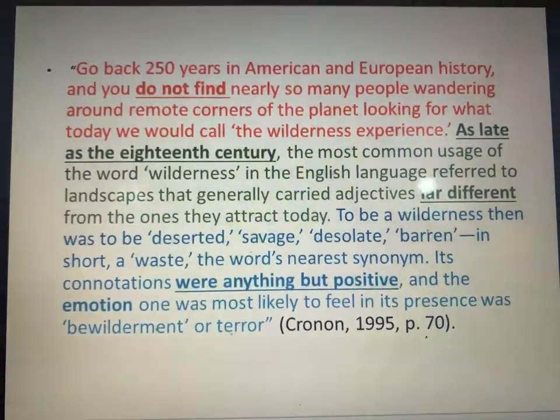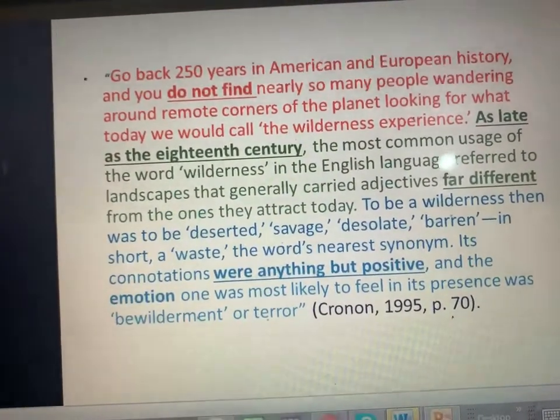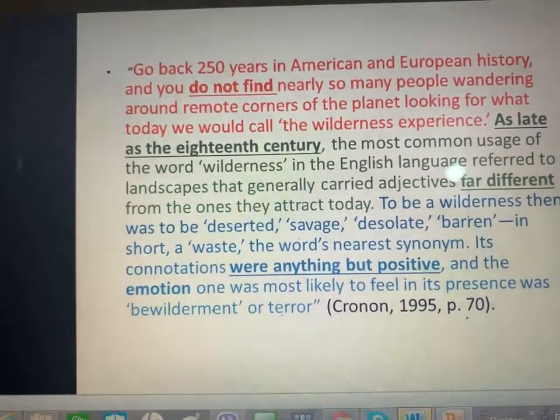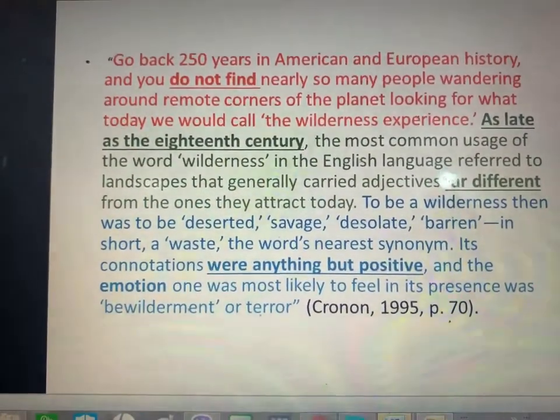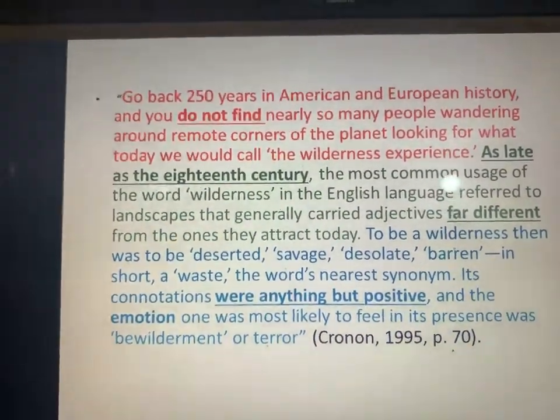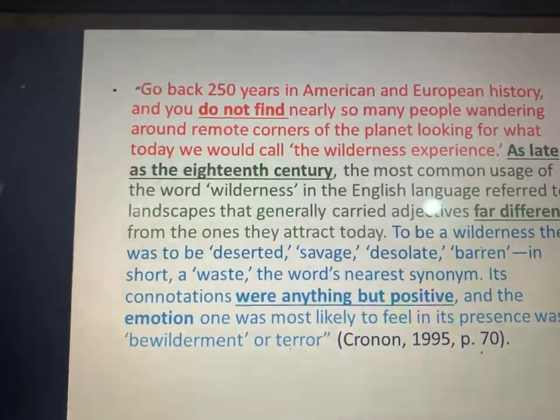Look at this example. We will see how these tips are reflected in a paragraph. This is the original text. When you try to paraphrase this text, you read it several times and you try to highlight the main ideas. You see here, going back 250 years in America, you don't find people interested in wilderness experience.